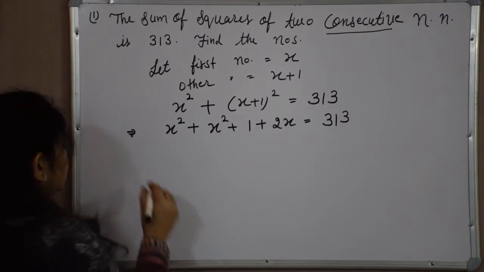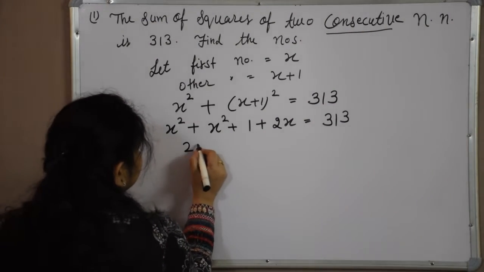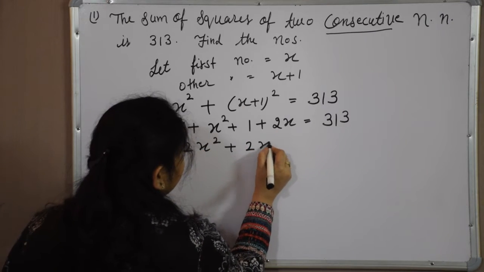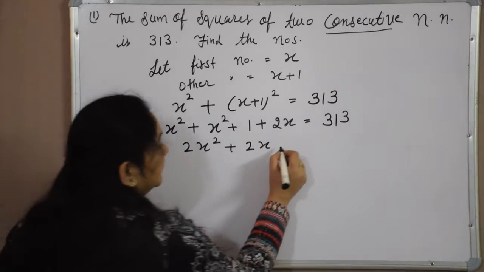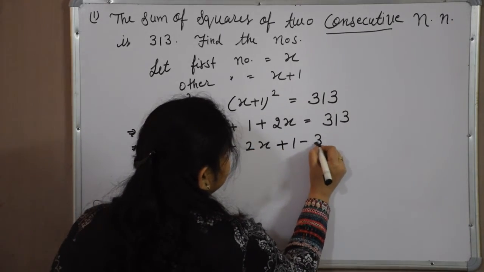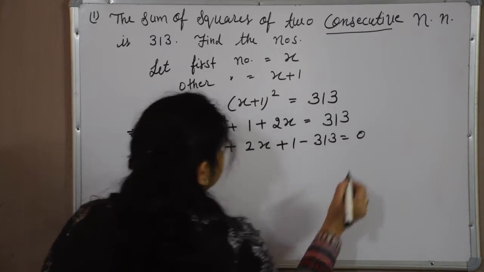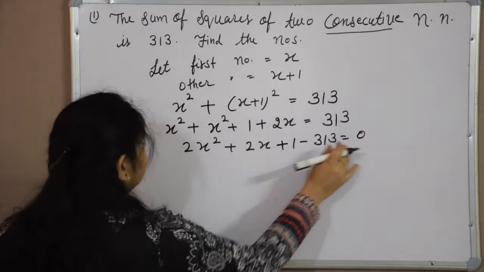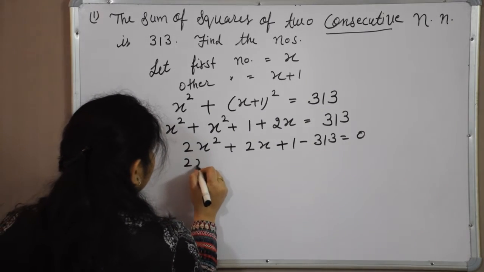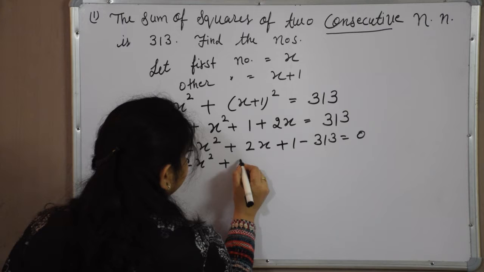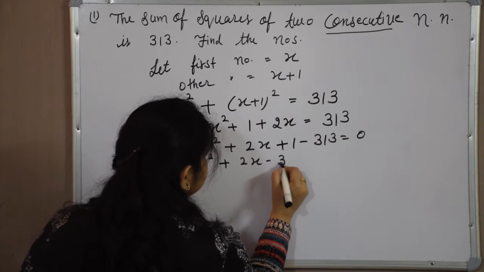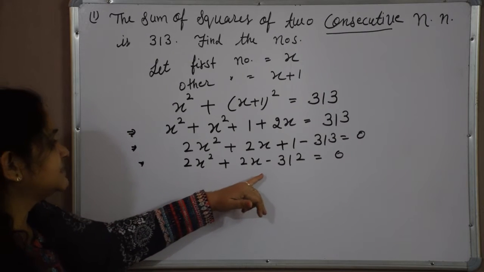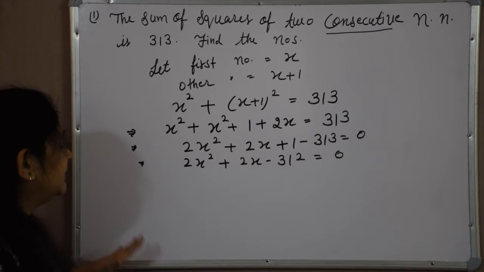Now x square plus x square becomes 2x square, plus 2x, and this 1 minus 313 equals 0, because we brought all the terms to the left hand side, so the right hand side becomes 0. We want to make it a quadratic equation. Minus 312: 2x square plus 2x minus 312 equals 0.